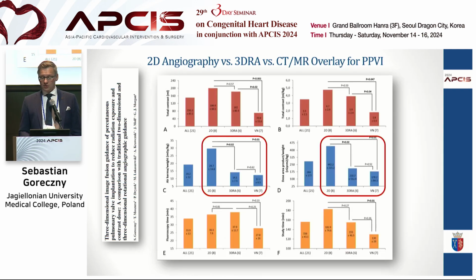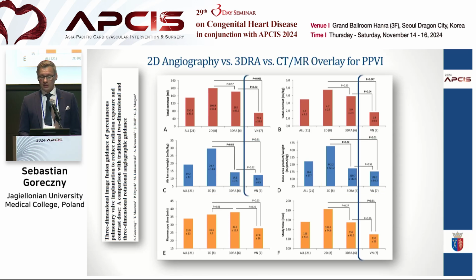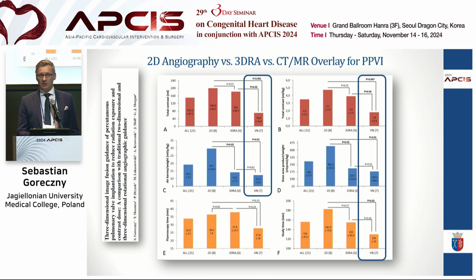So if you just look at any type of 3D imaging, when you compare it to 2D imaging, radiation dose gets down. So that's the first benefit for our group. If you look at fusion of previous three-dimensional imaging, you get not only radiation down, but you also have lower contrast usage, and you also have shorter fluoroscopy times.